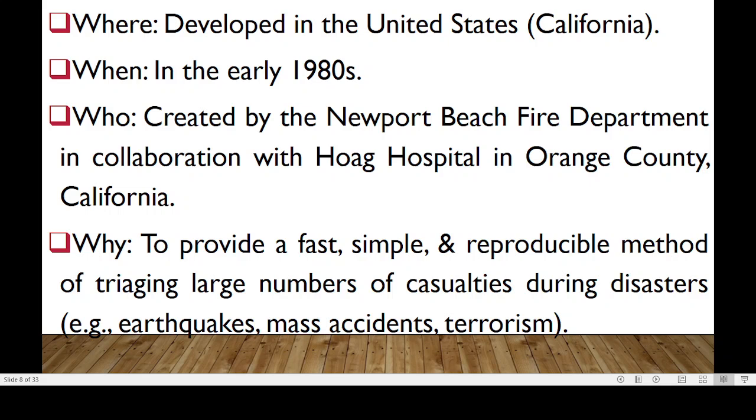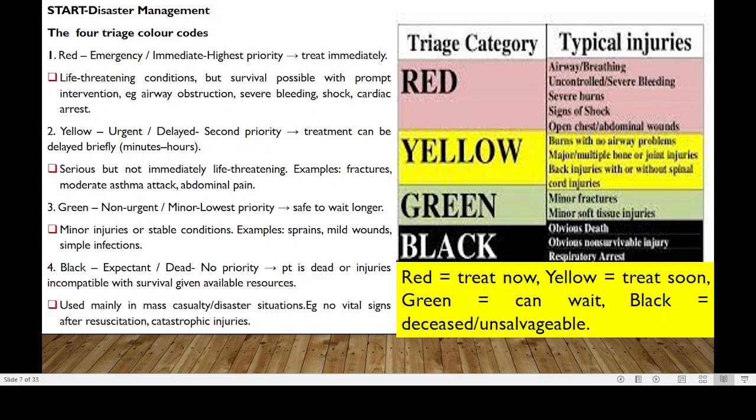And it is mainly to provide a fast, simple, and reproducible method of triaging large numbers of casualties during disasters like earthquakes, mass accidents, and terrorism. So this one is what is abbreviated as START, Simple Triage and Rapid Treatment, and is very important during casualty or disaster situations.